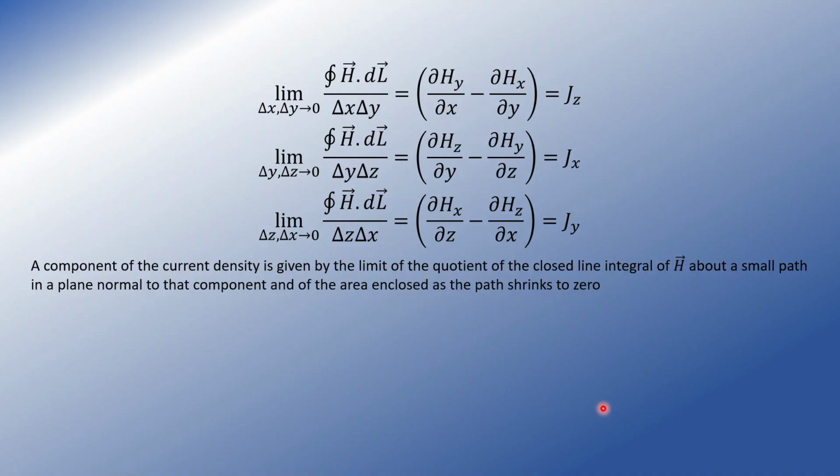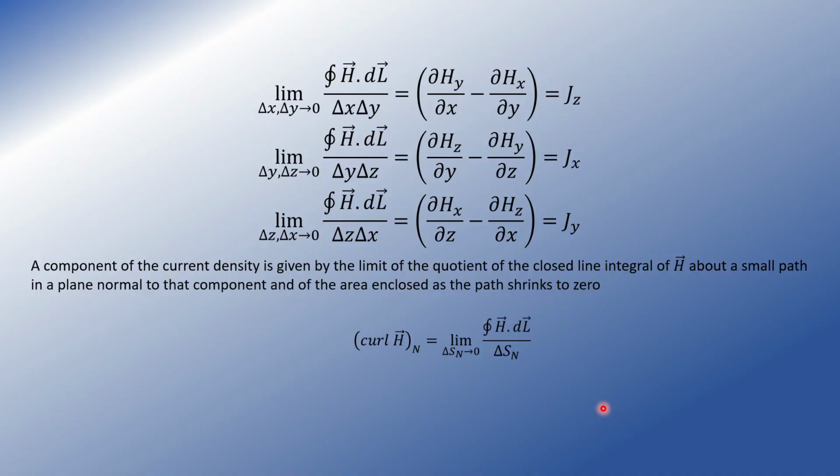So the definition here: the component of the current density is given by the limit of the quotient of the closed line integral of vector H about a small path in the plane normal to that component and of the area enclosed, as the path shrinks to 0.